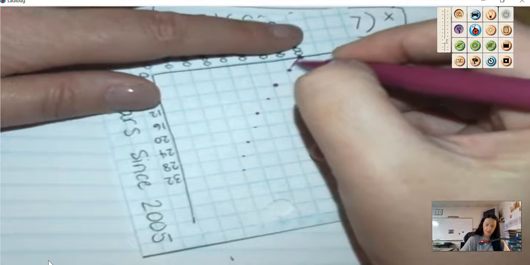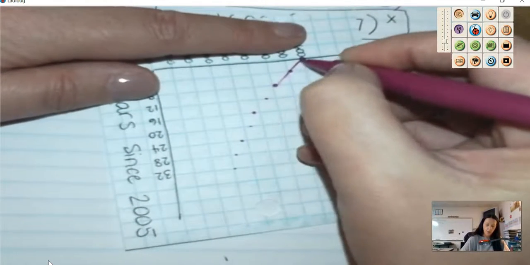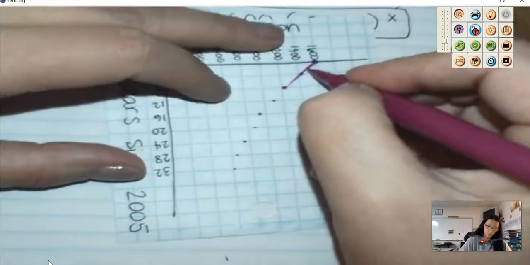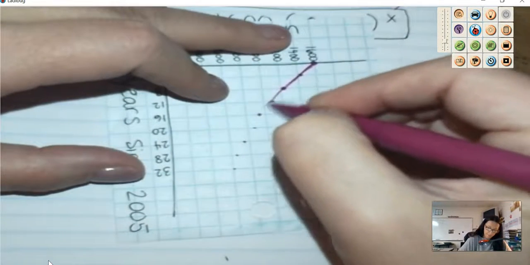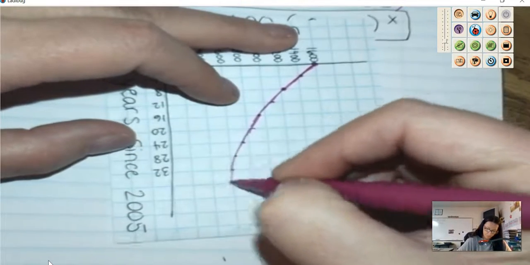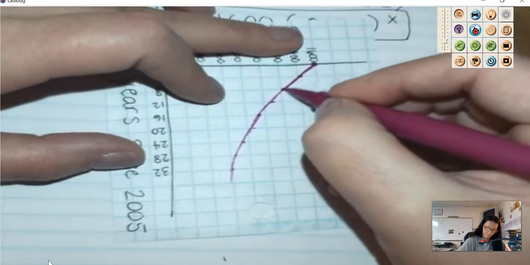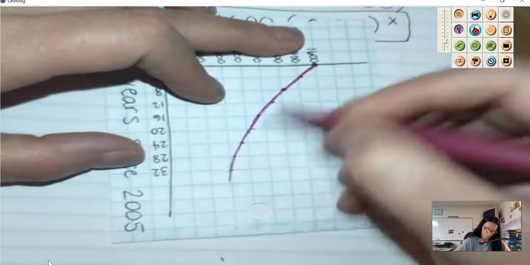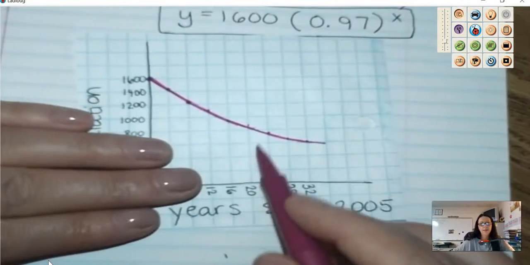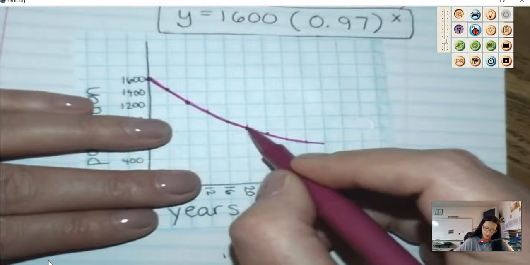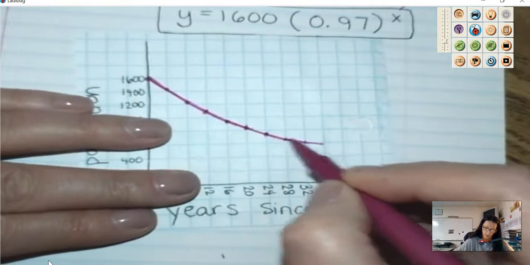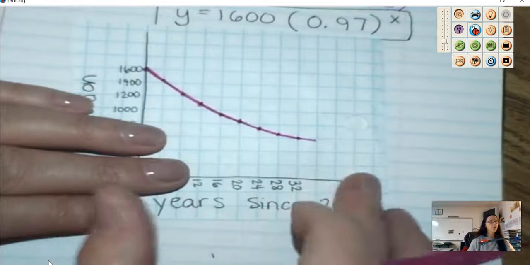So some of my dots don't look like they're lining up with the curve, so I have to go back in and readjust those dots. I can see some of my dots are too far up, so I have to re-put them back in and line them up with the curve that I created.